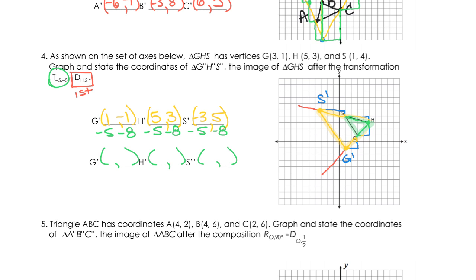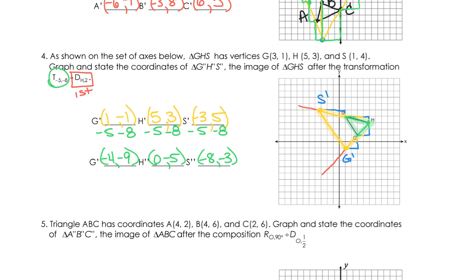All right. G prime will now be located at negative 4, negative 9. H double prime will be at 0, negative 5. And S double prime will be at negative 8, negative 3. We'll go ahead and graph those points.